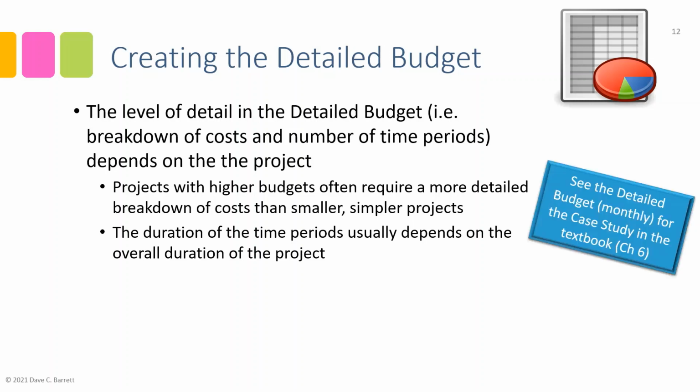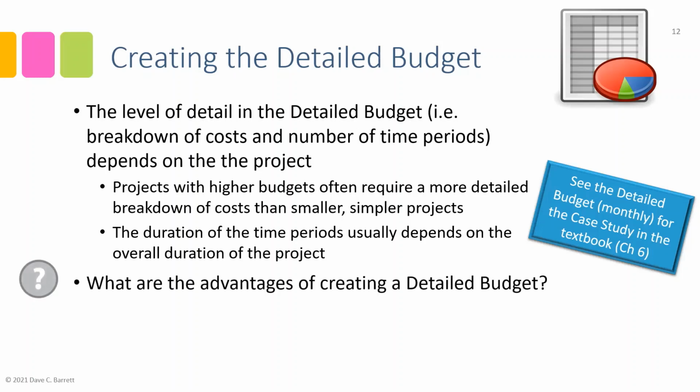And you can see that in the textbook, whereas the first version on page 94 provides weekly time periods, another version of it, which is the exact same detailed budget, is on pages 96 and 97, and it shows the monthly costs. But it's the same numbers, just shown in monthly time periods versus weekly time periods. And that's, again, a decision based upon the financial needs of the company, the project sponsor, and so on. That's something that the project manager would determine, the level of detail required in the detailed budget itself.